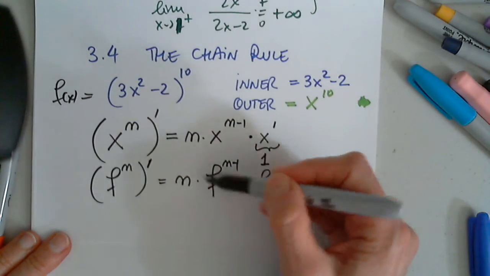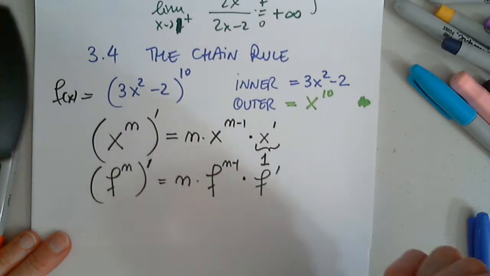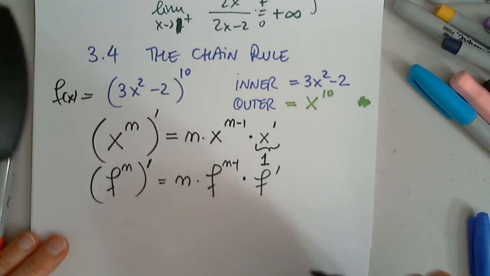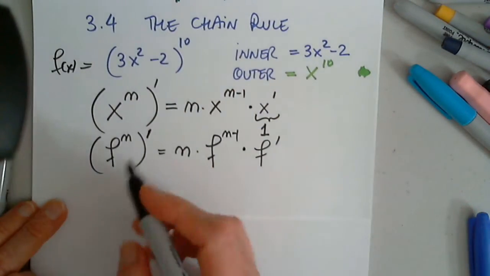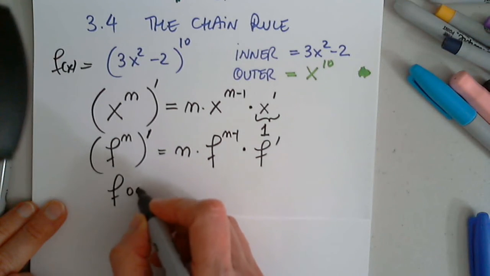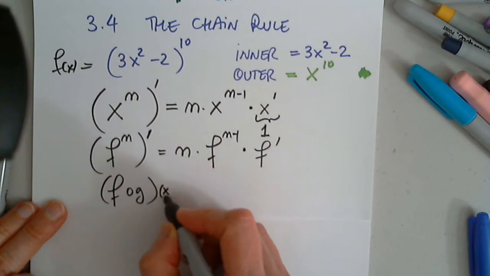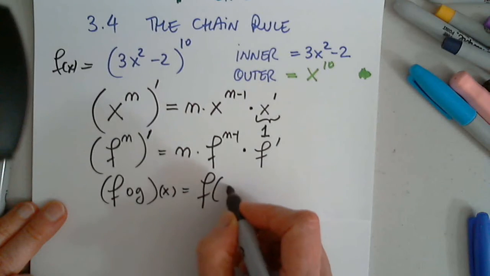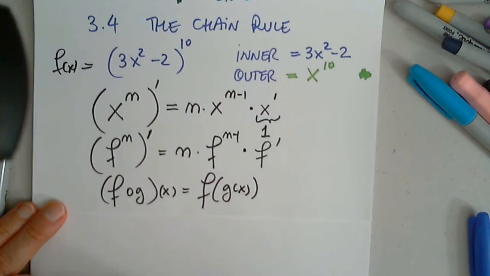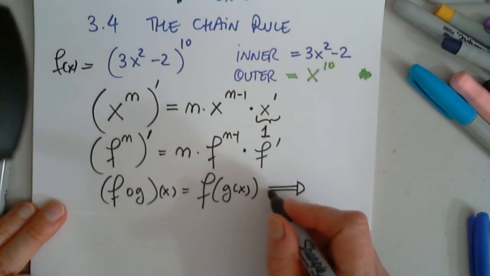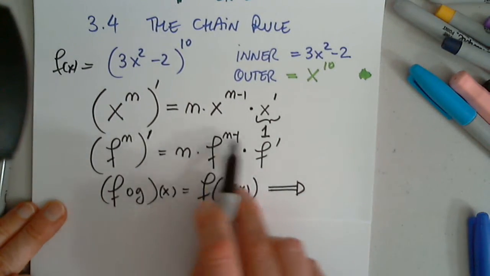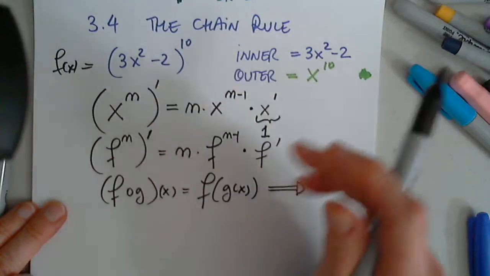So n, same thing, it's just that I don't have x, I have f. This is basically a combination of f of g of x. And from here, let's talk about the chain rule. This is a combination already, the power with the chain rule.